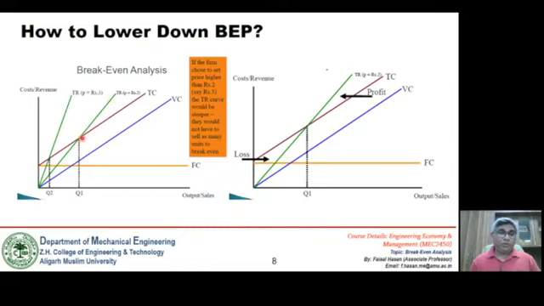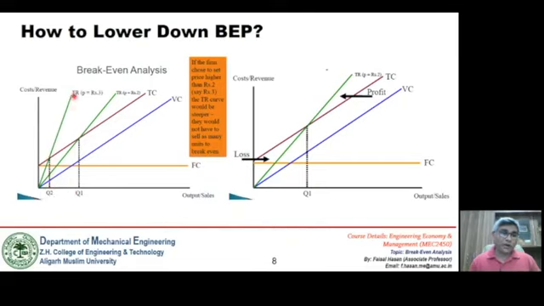If we want to reduce the break-even point, then we require the slope of this line to be higher, a much steeper slope. Instead of earlier having a break-even point at Q1 quantities, if we shift this line this way, the break-even point will change to Q2, and of course Q2 is less than Q1.